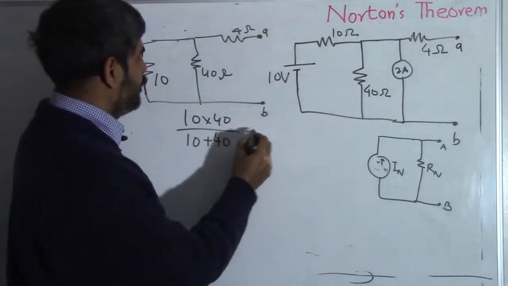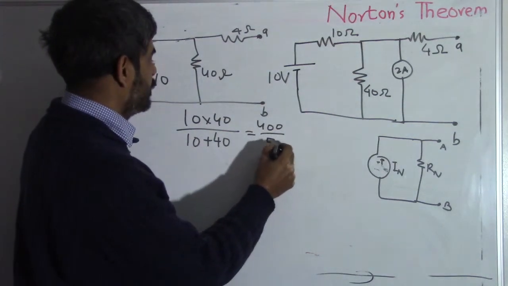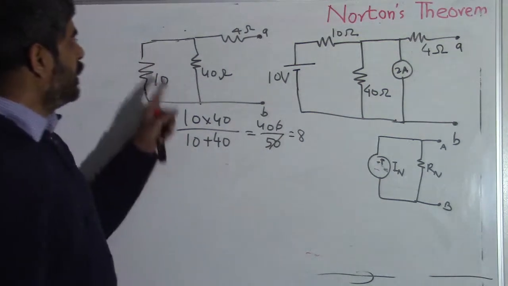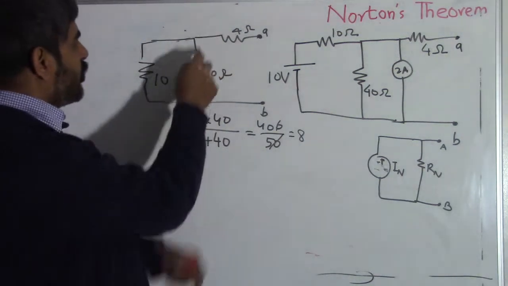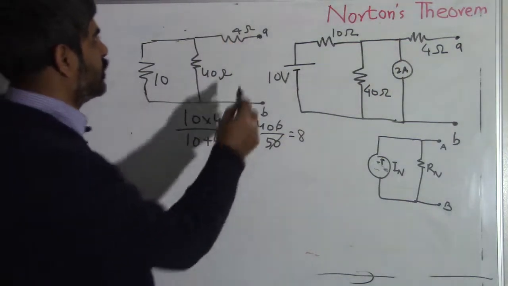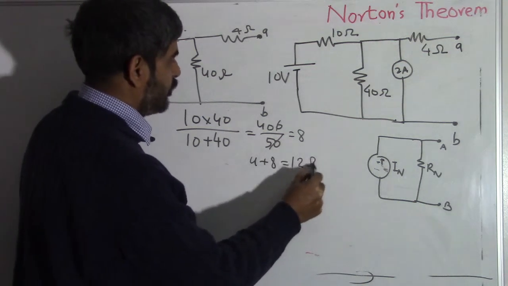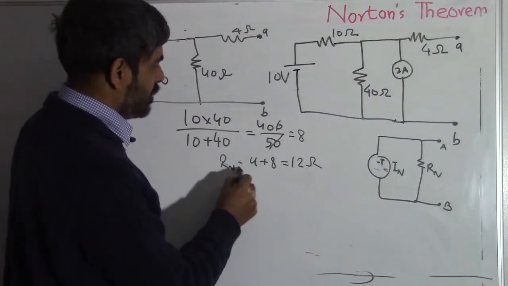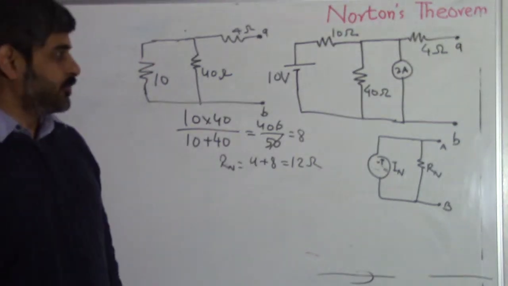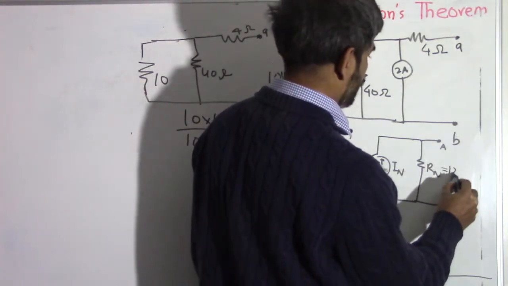This becomes 400 divided by 50, or 8 ohm. 8 ohm and 4 ohm are in series, so the equivalent resistance is 4 plus 8, equal to 12 ohm. And this is our Norton's resistance Rn. So we have found the first part: Rn is equal to 12 ohm.